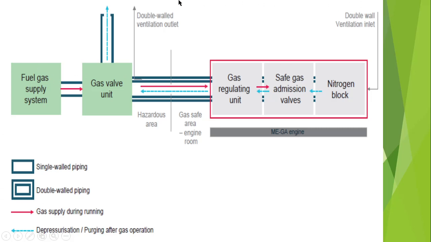Now let's see this diagram carefully. This diagram consists of the fuel gas supply system, gas valve unit, gas regulating unit, safe gas admission valve and nitrogen block.